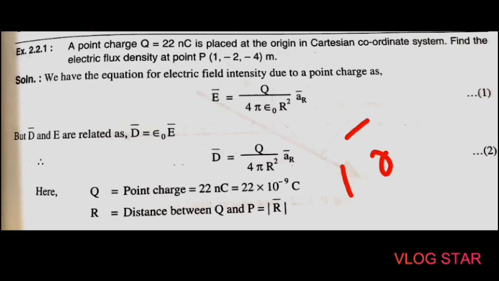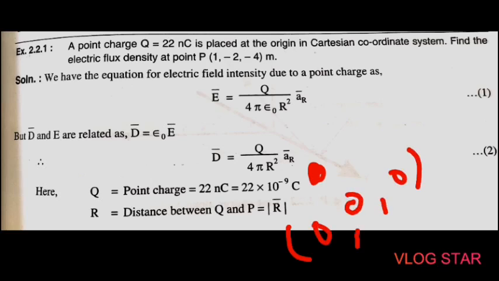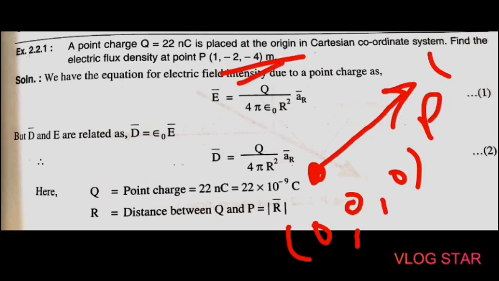And r is the distance between q and P. Let us consider the point charge placed at the origin, so its coordinates are 0, 0, 0, and suppose this is the point P having coordinates 1, -2, -4.